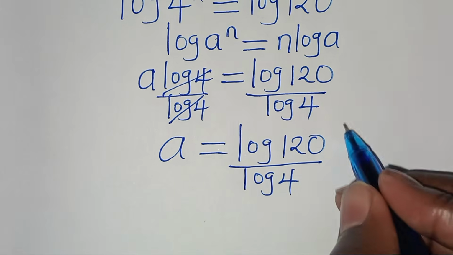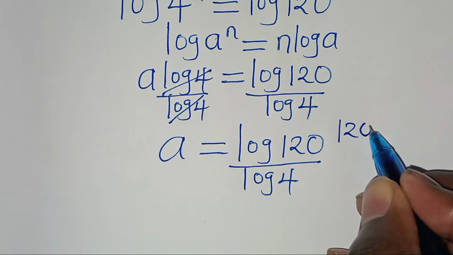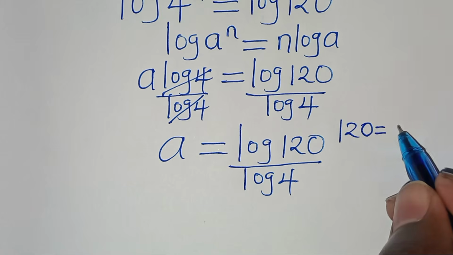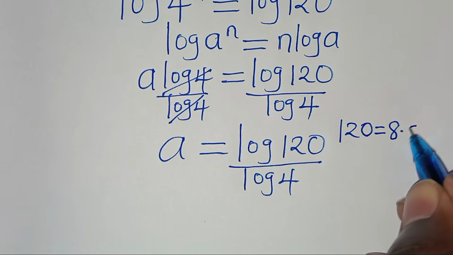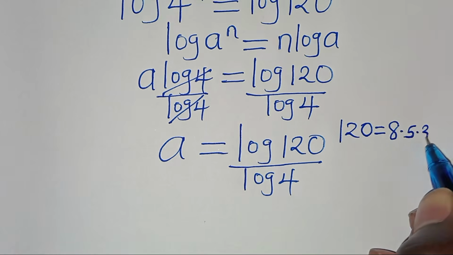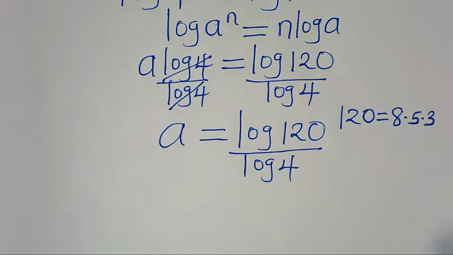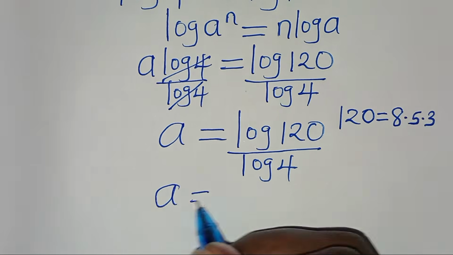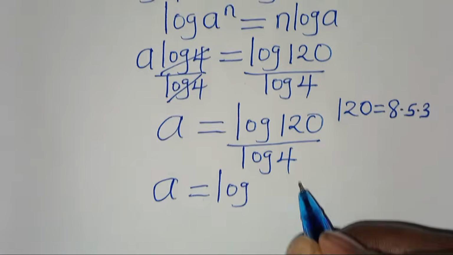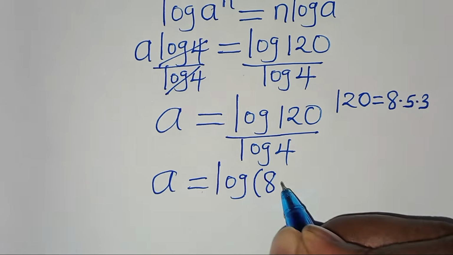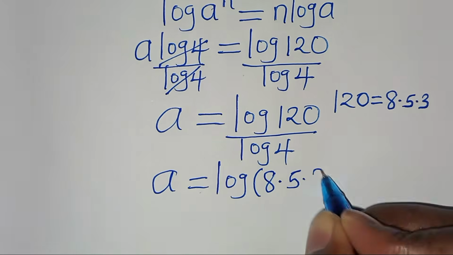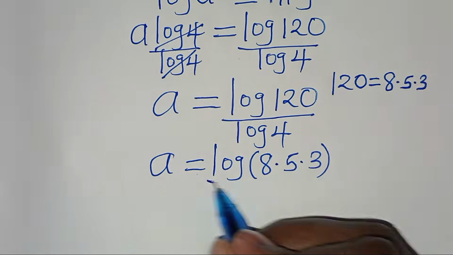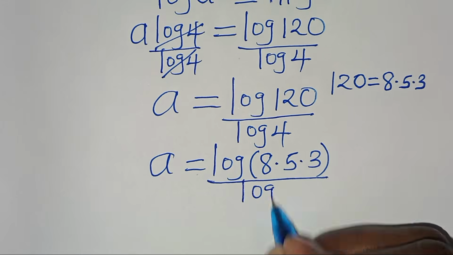We can express 120 as 8 multiplied by 5 multiplied by 3. So here we have a is equal to log of 8 multiplied by 5 multiplied by 3, everything divided by log 4.